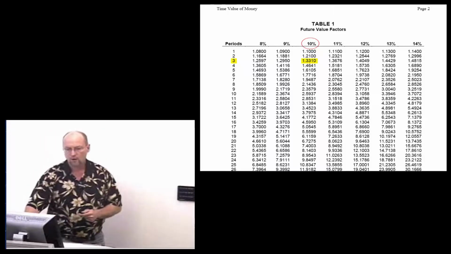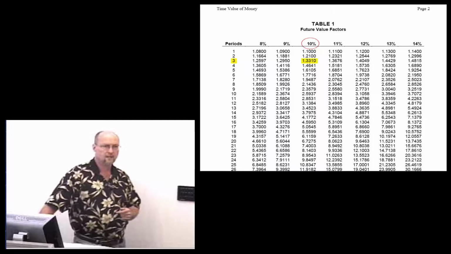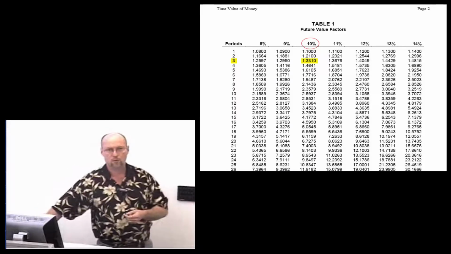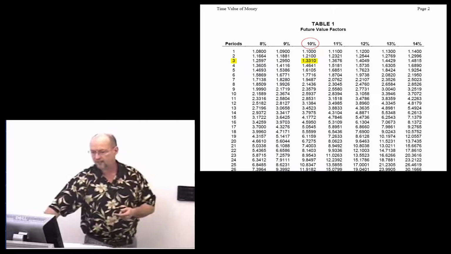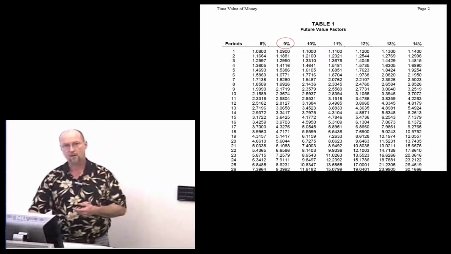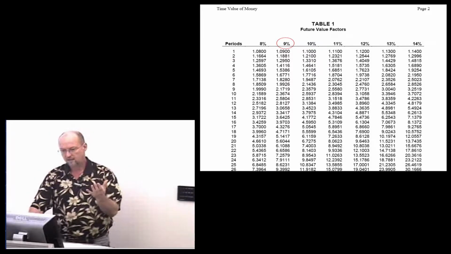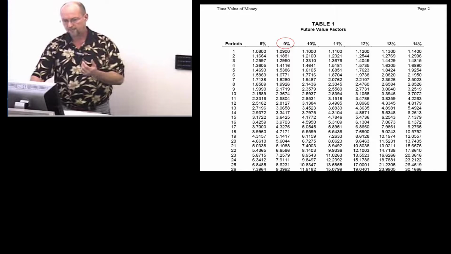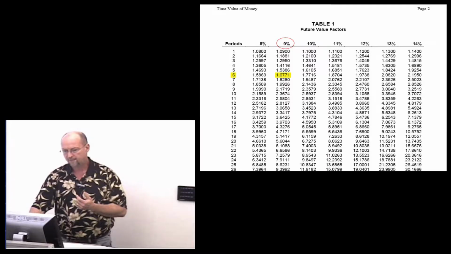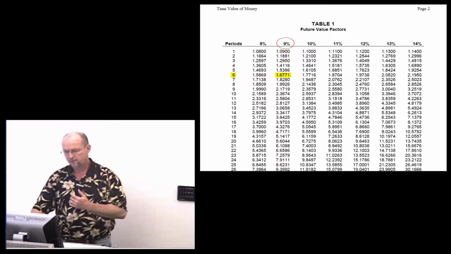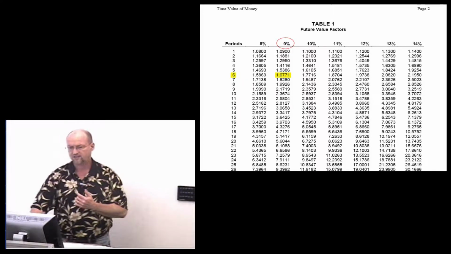Now, suppose we were to say, what would $5,000 be worth 6 years from now if I could earn 9%? Well, here's the 9% column. Okay, multiply it by the 6 years. So $5,000 times 1.6771.